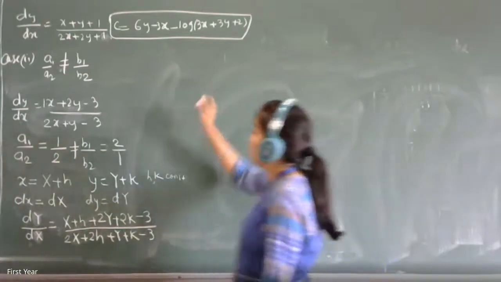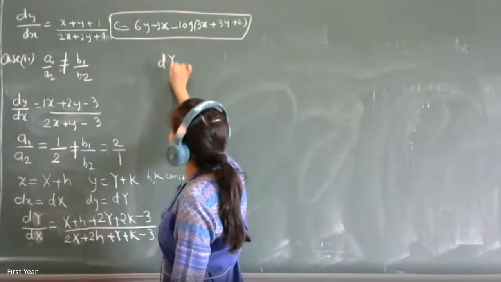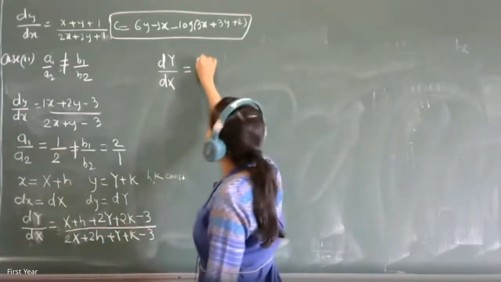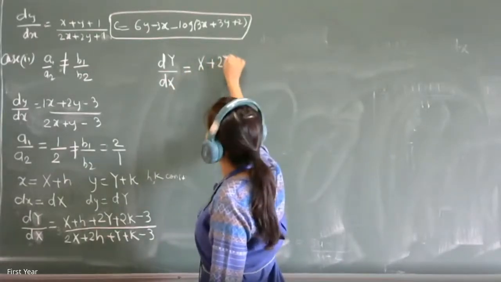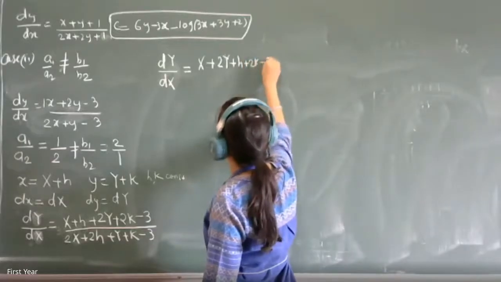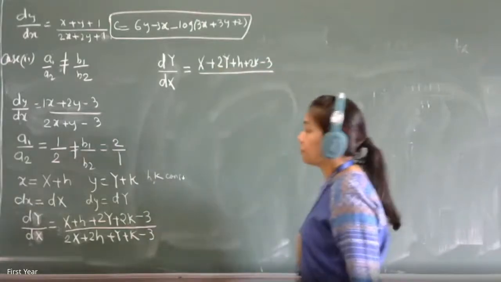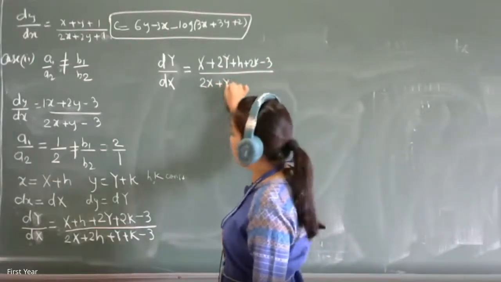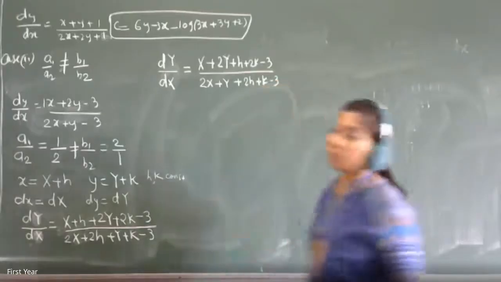So this is d capital Y upon d capital X is equal to capital X plus 2Y plus h plus 2k minus 3, divided by 2X plus Y plus 2h plus k minus 3.